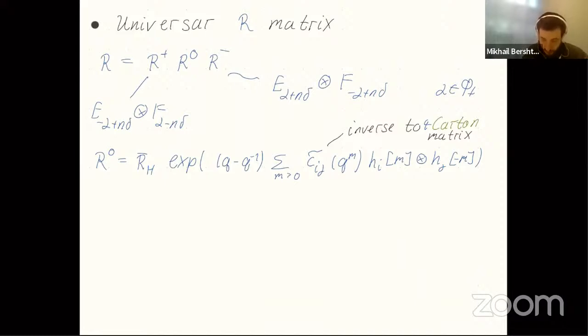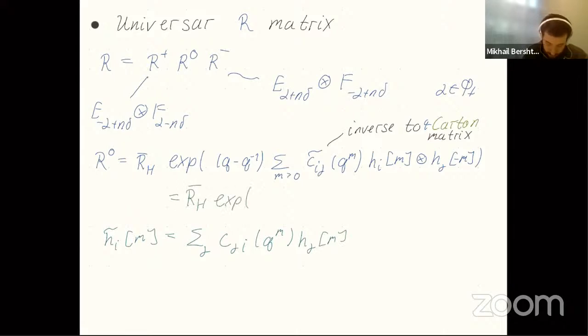So if you say that H_i tilde m is a sum over j of C tilde ji, q to the power m, times H_j m, then of course this will be just R_H equals exponent of q minus q inverse, sum over m, H_i m times H_i tilde minus m.